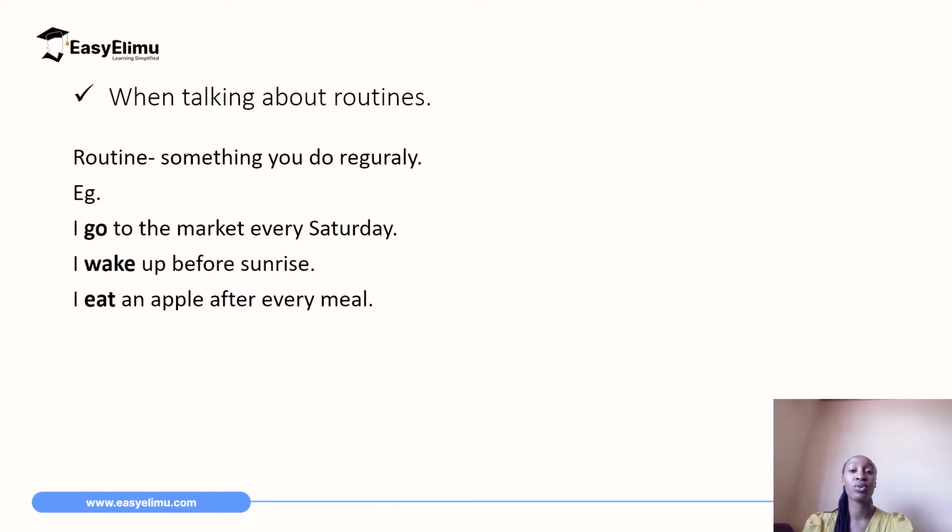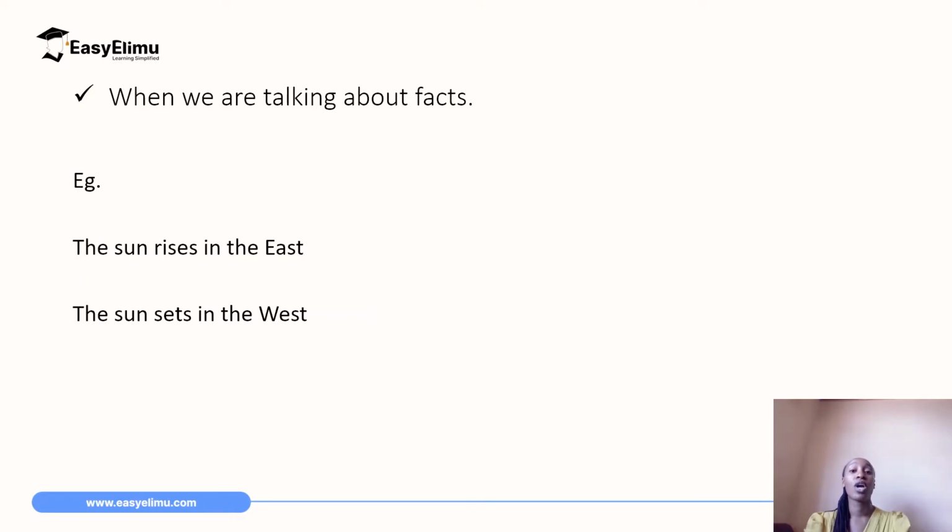That is your routine. We also use the simple present tense when we are talking about facts. A fact is something that is true and cannot be changed. For example, we all know that the sun rises in the east and it sets in the west. That is a fact and it cannot change.